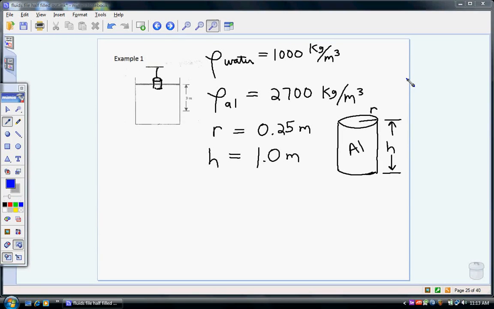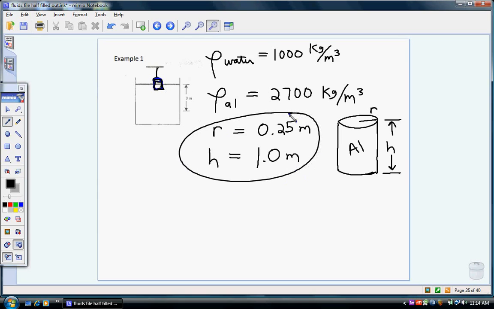Okay, let's look at another example. Here we have this cylinder, which is made up of aluminum, right here. And we're given the dimensions of the cylinder.